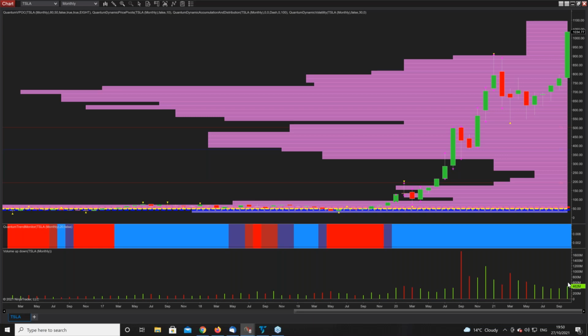But if you look at it from a very common sense perspective, to move $300, $350 on a stock price, and to do it on this sort of volume, is this in agreement or is this in disagreement? That really sums up the whole premise of what volume price analysis methodology is about.